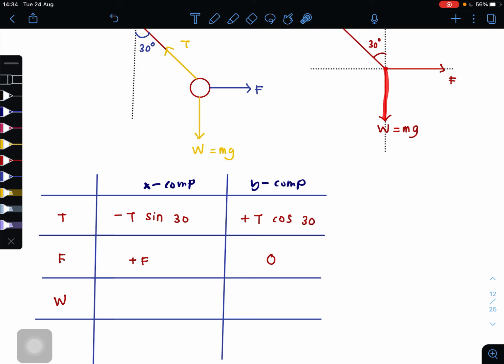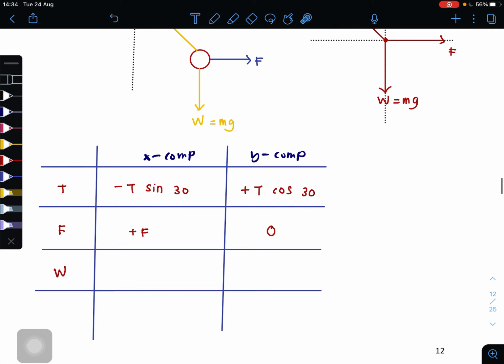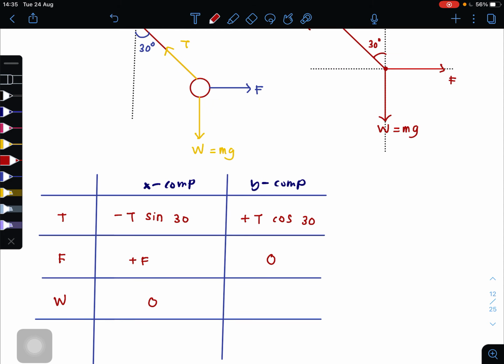And then weight, okay, weight we have going downward only, which is only on the Y axis. So only on the Y axis there is a value, the X axis has no value. So Y axis, it's going downward. Weight force going downward, which means negative W, which means equal to mg.